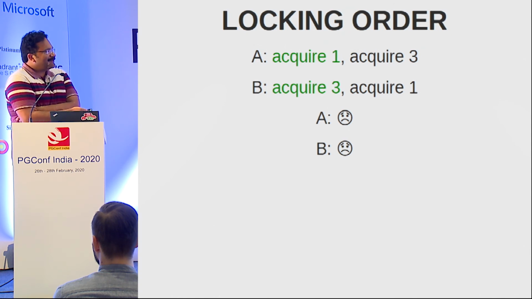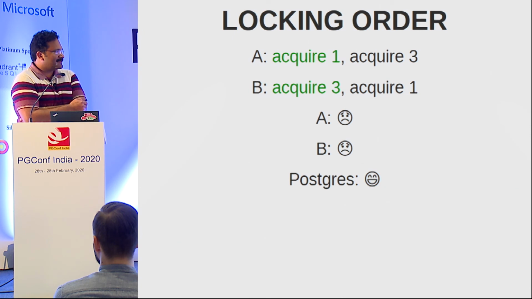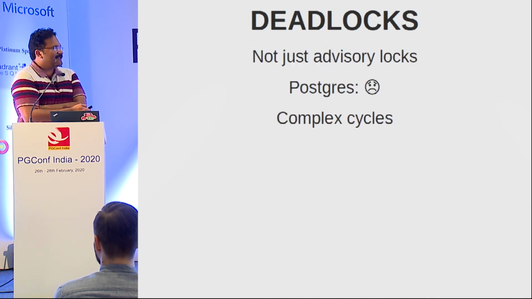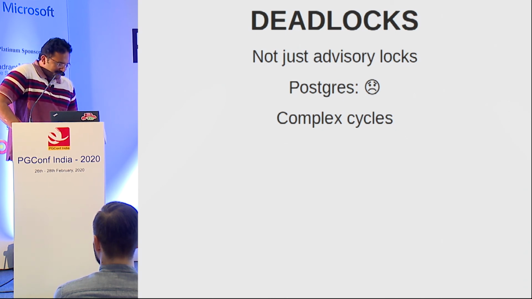In this particular case, because we're using advisory locks, Postgres doesn't care. It'll just leave your two sessions blocked forever if that's what they're inclined to do. But the problem is not with advisory locks alone. The problem applies to any kind of locks that you acquire.